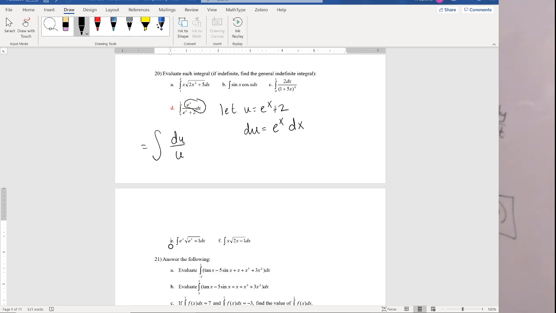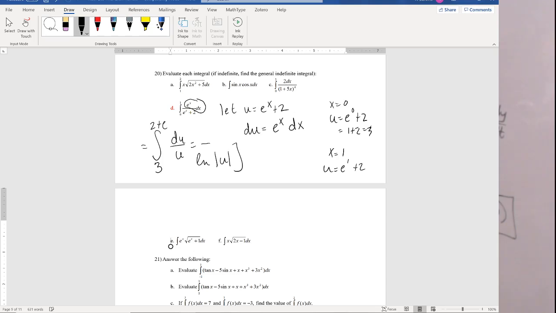I can change my bounds. So when x equals 0, u equals e to the 0 plus 2, or, whoops, 3. And when x equals 1, u is e to the 1 plus 2, or 2 plus e. Doing that makes it so that I don't have to change back. The integral of du over u is the natural log of the absolute value of u.